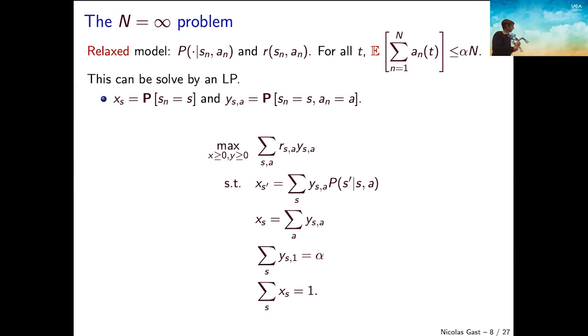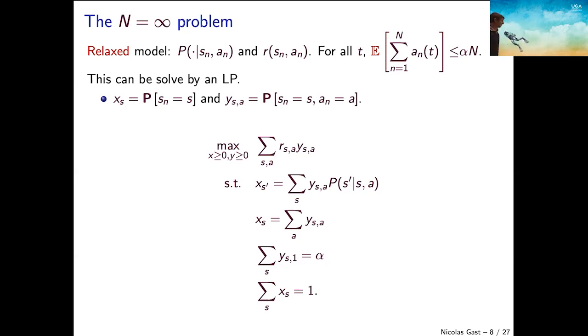The idea is that for now, I'm focusing on this infinite horizon problem. There is no time here, and what I'm writing here is that x_s will be the probability that a given arm is in state s, and y_sa would be the probability that a given arm is in state s and I take action a, again in steady state.